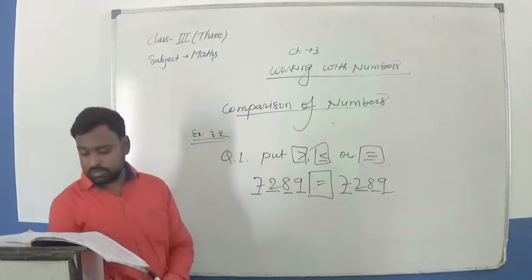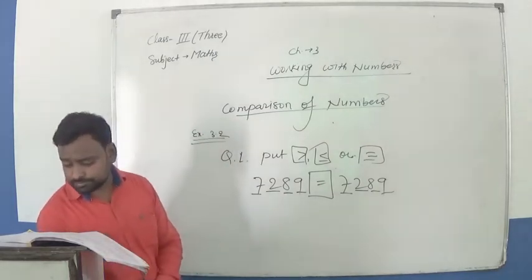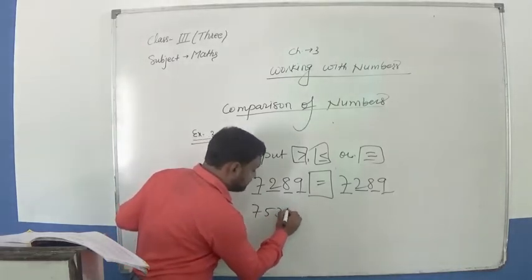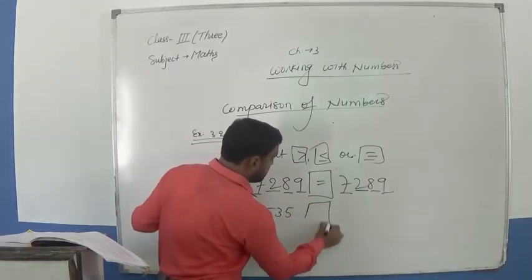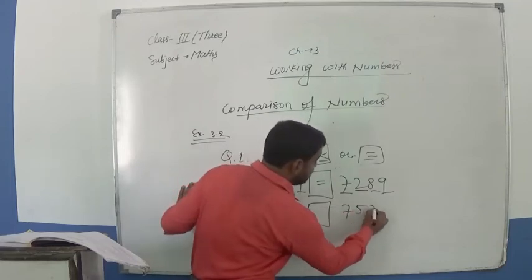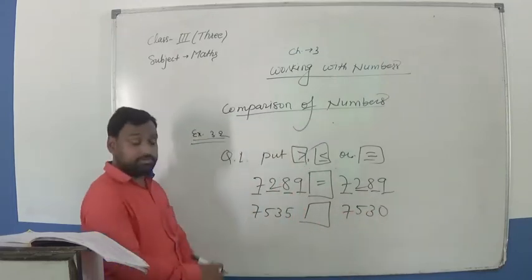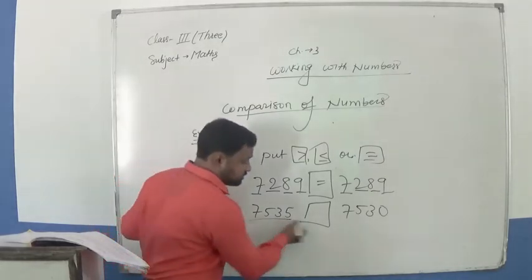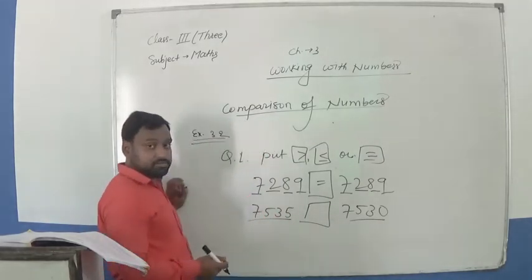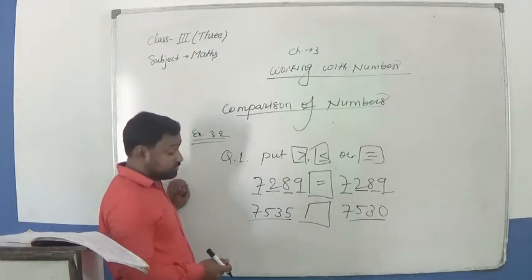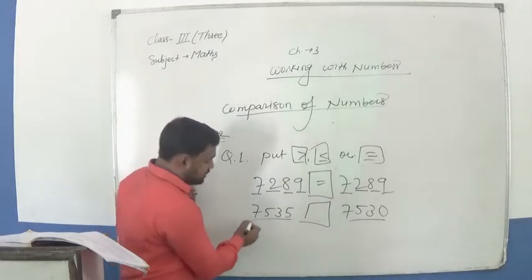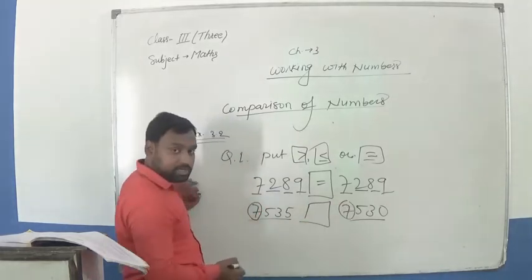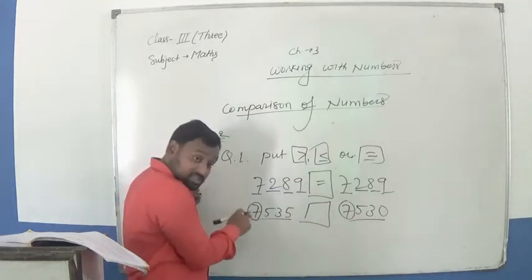Second question. Suppose you have 7535 and 7530. Both are 4 digits, so it can't be determined from rule number 1. Now we apply rule number 2. Compare the first digit, 7 and 7, both equal, can't be determined at this point.